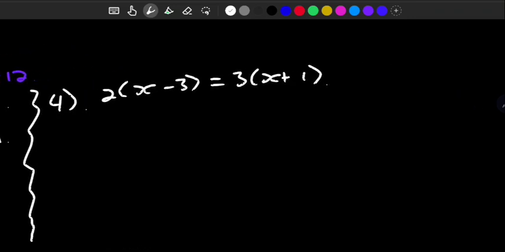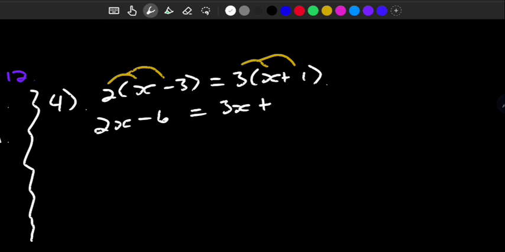The only thing that happens here is that you just need to multiply into the bracket, then from there you continue, right? Remember, BODMAS, brackets come first. So 2 multiplied by x gives us 2x. 2 multiplied by negative 3 gives us negative 6, equals 3 multiplied by x gives us 3x. 3 multiplied by 1 gives us 3, right?